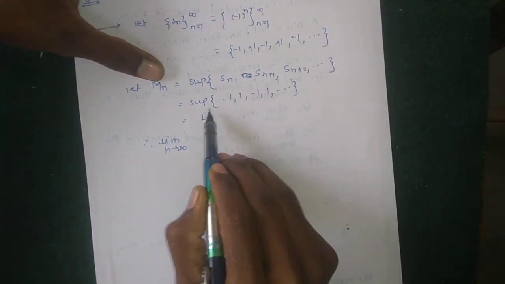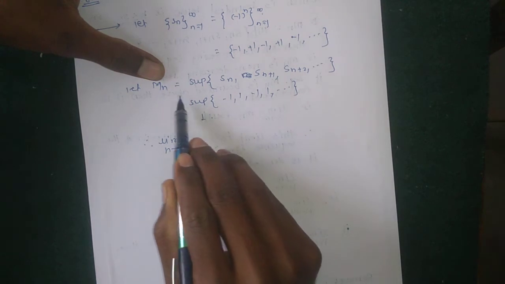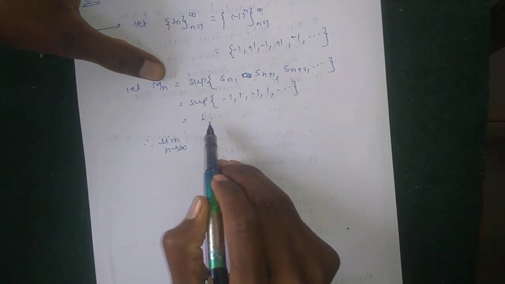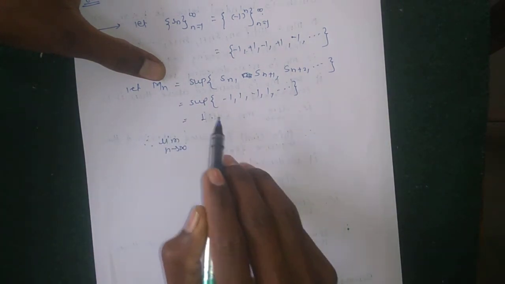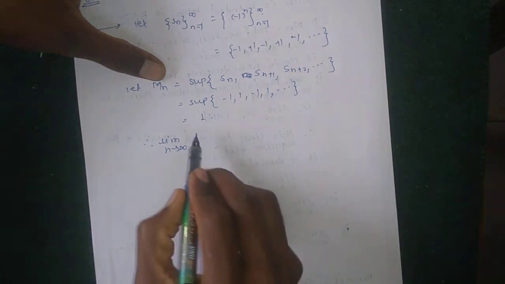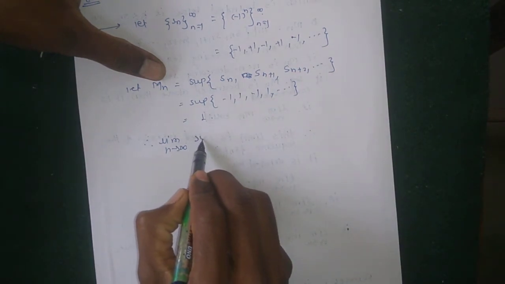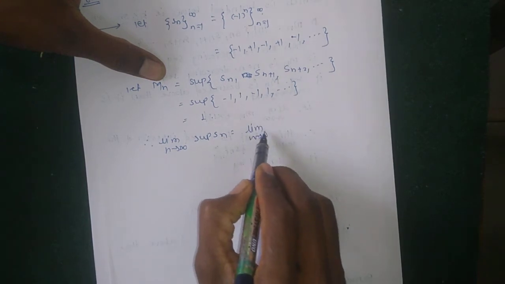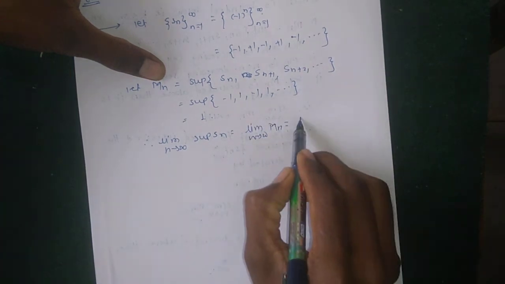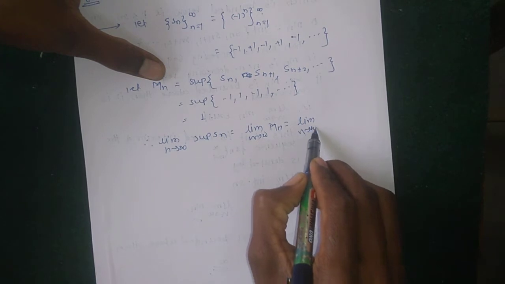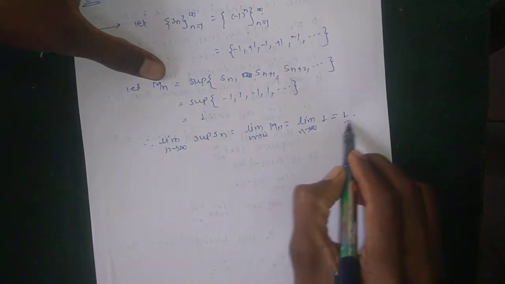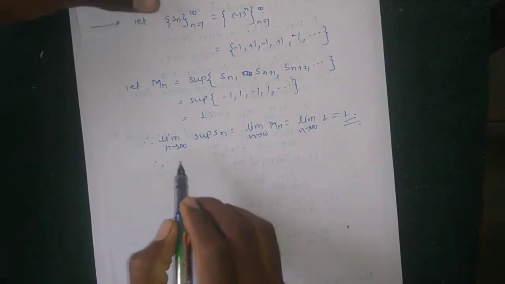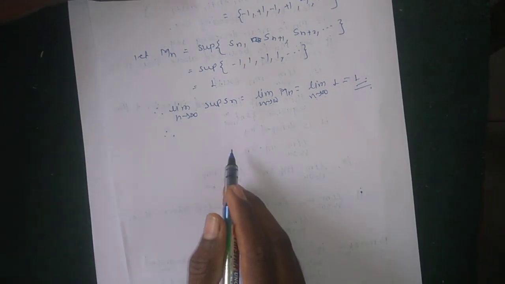All elements of Mn are equal, so Mn is equal to 1. So the limit as n tends to infinity of the supremum of Sn is equal to the limit of Mn, which is the limit of 1, so the limit superior is 1.